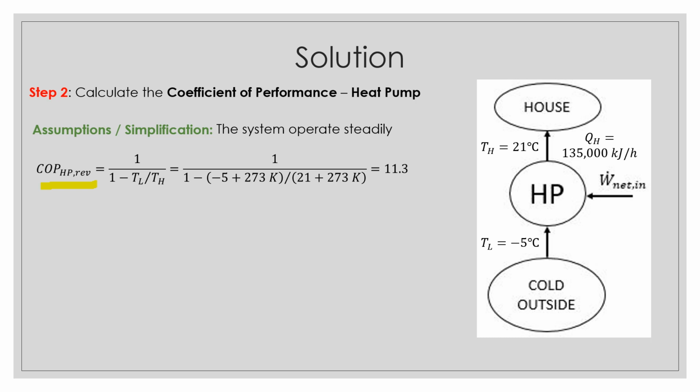When we use REV or reversible, we can use the relation of the equation from Q to the T or temperature. For this case, TL and TH. Don't forget to convert from Celsius to Kelvin. And after the calculation, we obtain the answer is 11.3.